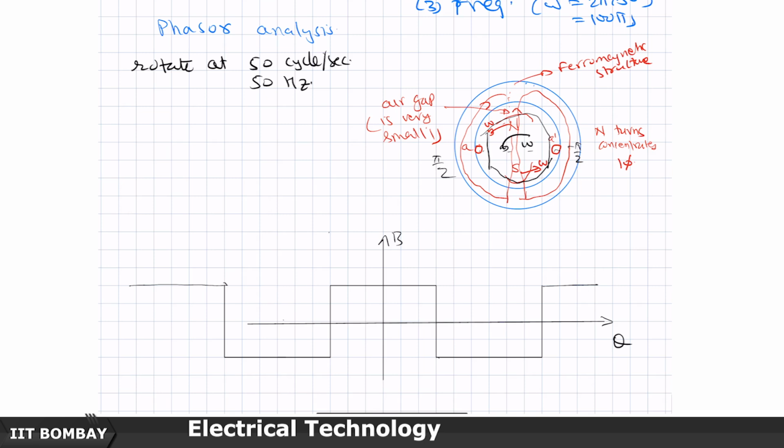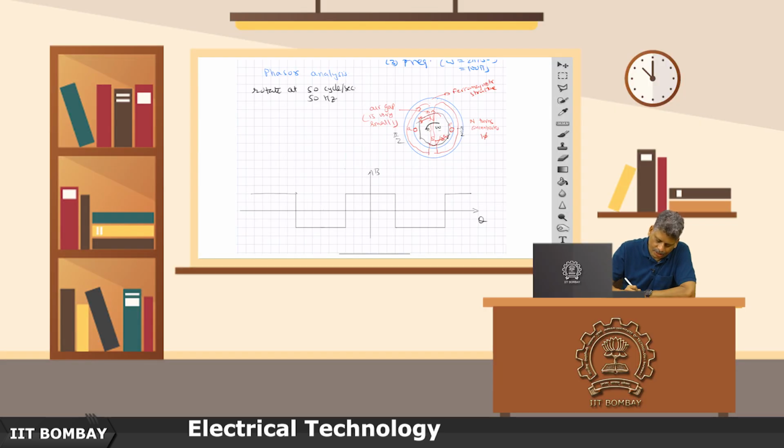The point which I am trying to make to you is that this waveform, if you look at it, actually is a rectangular kind of waveform, but in practice we taper the pole faces.